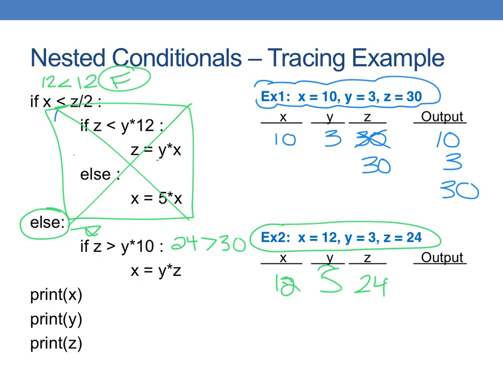Well, that is false. And because that's false, and this is a single if conditional, this doesn't run either, and we pop down here. And we print out x, which is 12, y, which is 3, and z, which is 24. So just being very careful as you go through those nested conditionals, noting which code will run and which code will not.